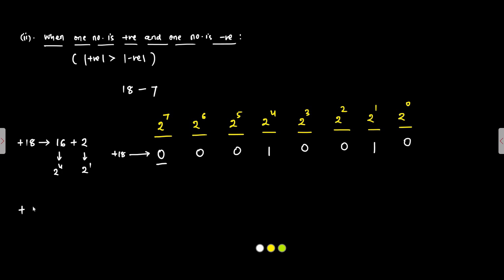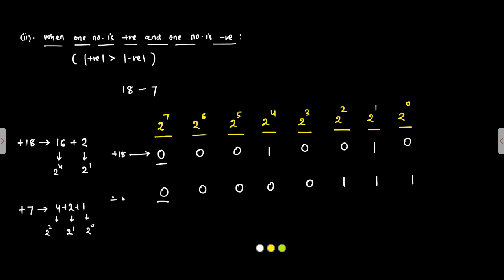So plus 7 is 4 plus 2 plus 1, so 2 to the power 2, 2 to the power 1, 2 to the power 0. Here it is 1, 1, 1, and the remaining bits are 0. Again, the sign bit is 0 because it is positive.